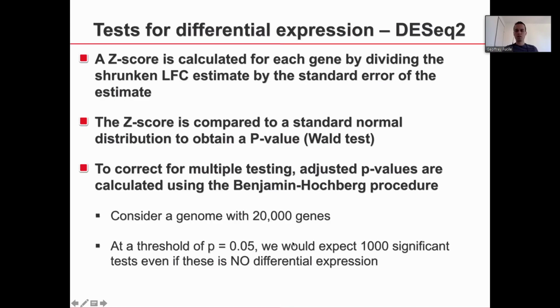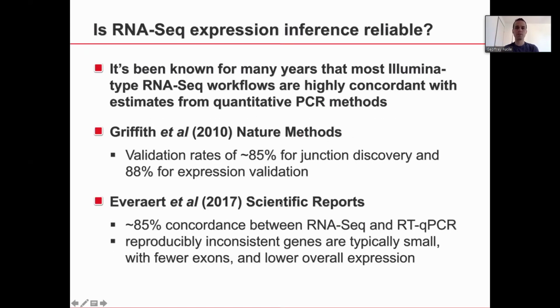So we need to do some kind of moderating of these p-values to deal with the number of tests that we're doing. If you do 20,000 tests and you're expecting that 5% of them will be erroneous, then you're expecting quite a few erroneous tests. So then you have to take these p-values from these tests and then do some adjustment on them as well. It's fairly well understood statistics. It behaves pretty well.